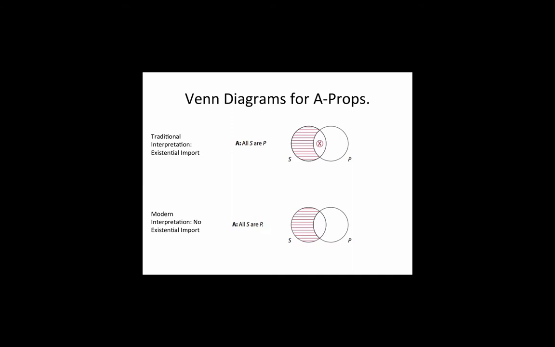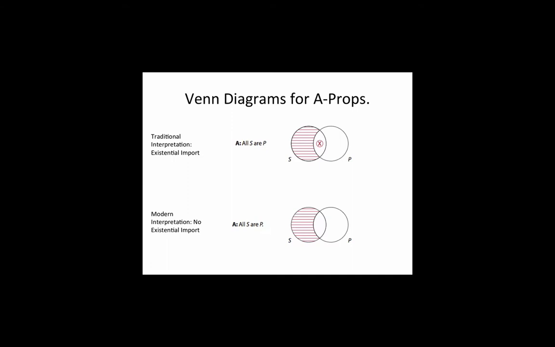These are called Venn diagrams. Now, the shading that you see, or in this specific case, the red lines, is going to represent emptiness. It's another way of saying that whatever S's there may be, they're all dumped into that area of overlap between the S and the P class.